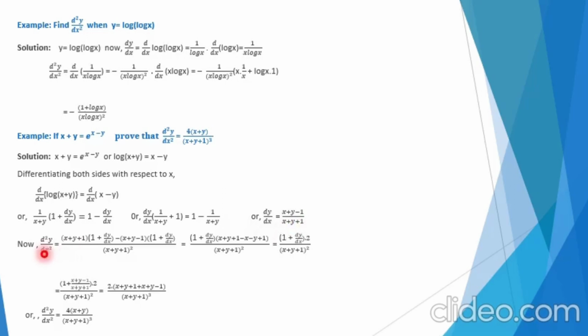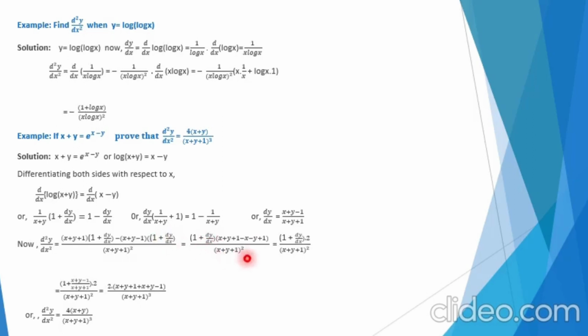Now d2y dx2 equals the derivative of this function. Using the rule d dx of u by v, we get x plus y plus 1 whole square, and x plus y plus 1 fixed, derivative of this function, that is x plus y minus 1 plus dy dx, minus x plus y minus 1 fixed, derivative of the function x plus y plus 1, that means 1 plus dy dx.